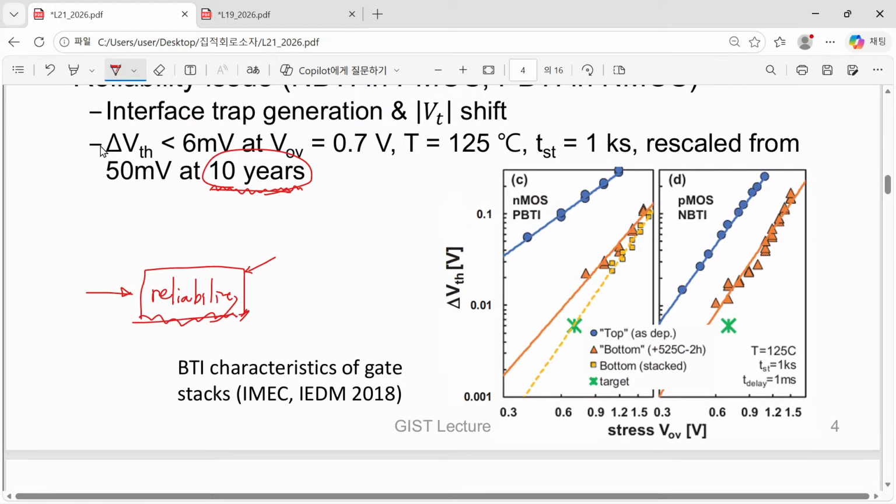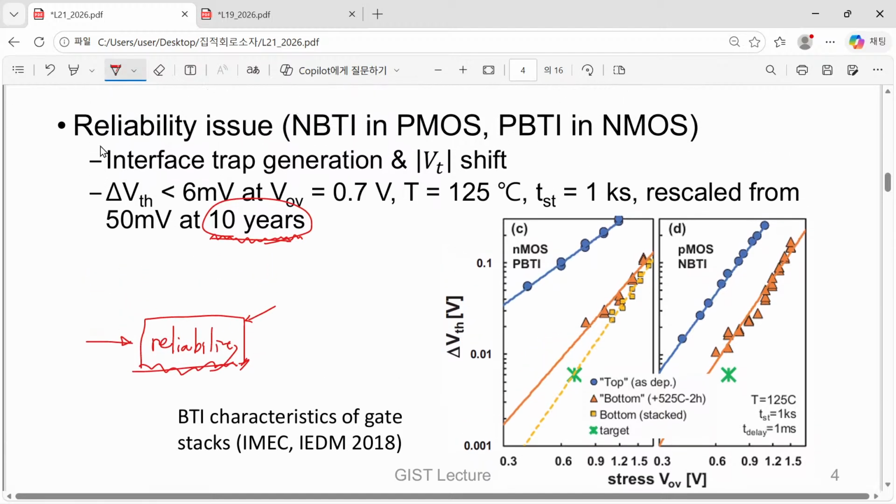So what we do is introduce this elevated temperature test. It is known that if you elevate the temperature, then this kind of reliability problem becomes exaggerated. So it becomes more severe than the one at room temperature.